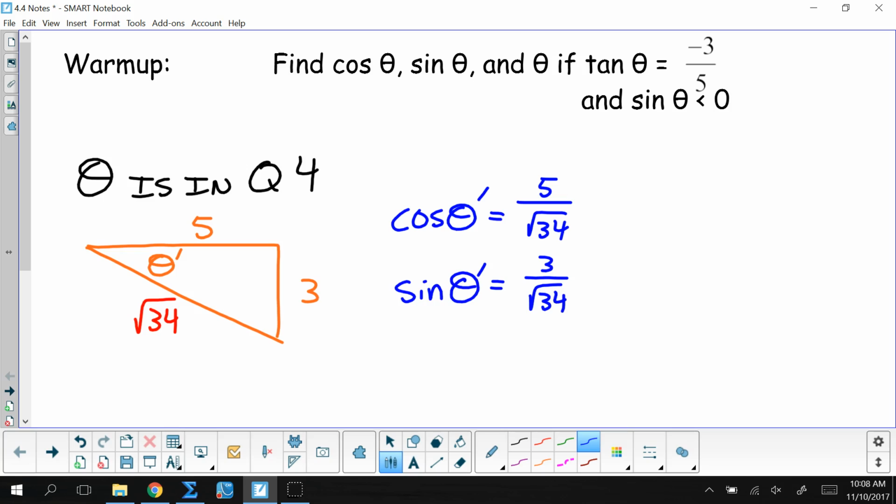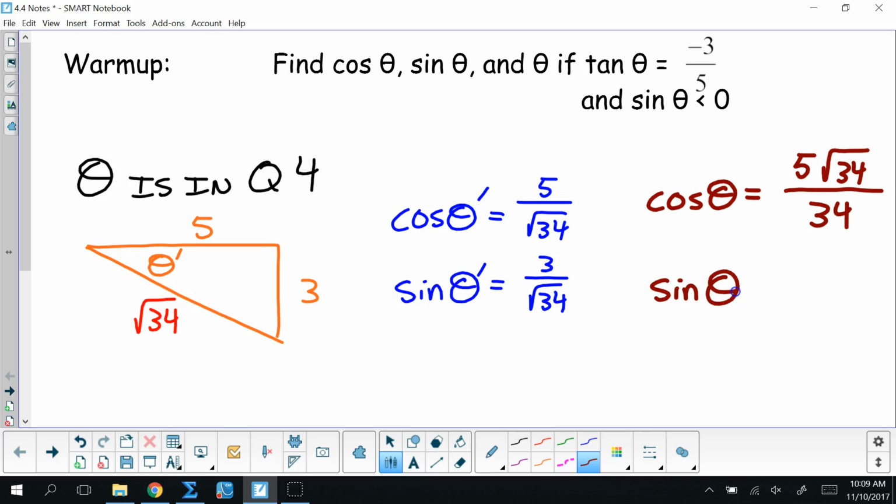Of actual theta, cosine in quadrant 4 is positive. So if I rationalize my denominator, that's 5 square roots of 34 over 34. Sine in quadrant 4 is negative, so the sine of my actual theta is negative 3 square roots of 34 over 34.